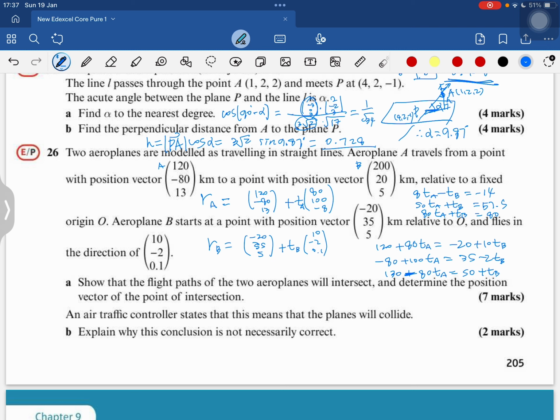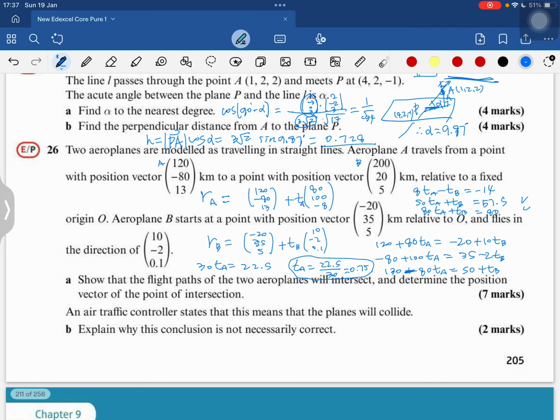So we can combine the second and third ones. So 30 TA becomes 22.5. Right? So TA becomes 22.5 over 30, so 0.75 from here. And if I make it this one, then TB becomes 20.